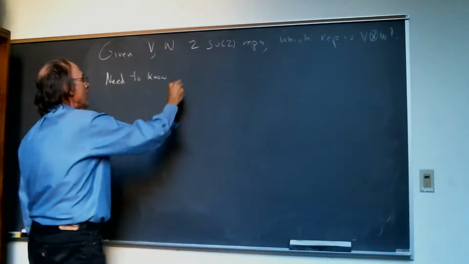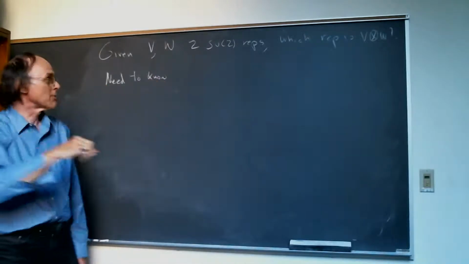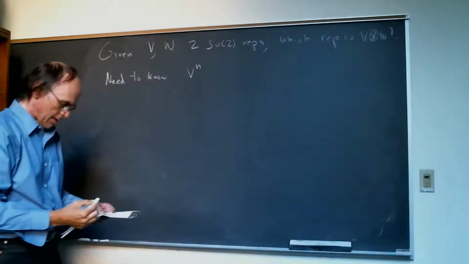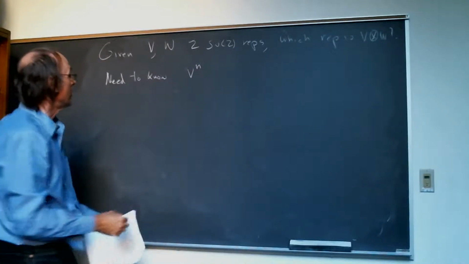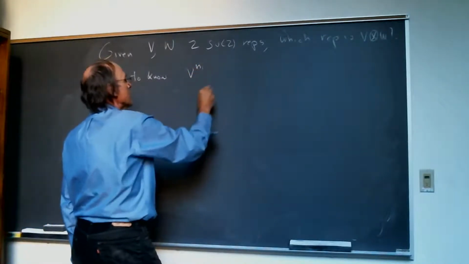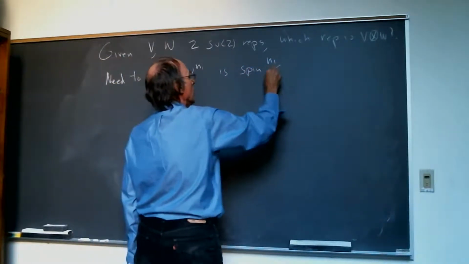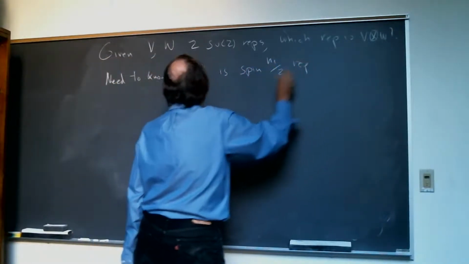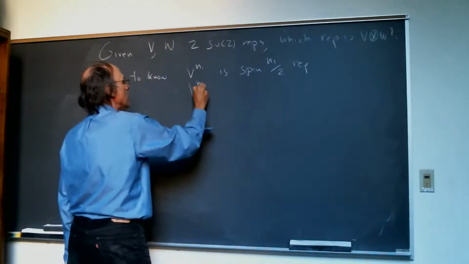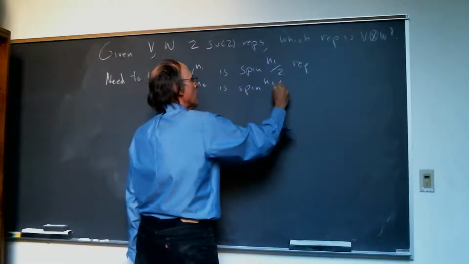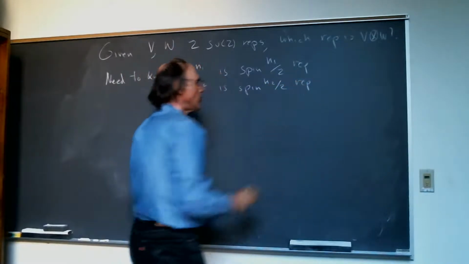Let me just say that V_n1 is the spin n1 over 2 representation and V_n2 is the spin n2 over 2 representation.